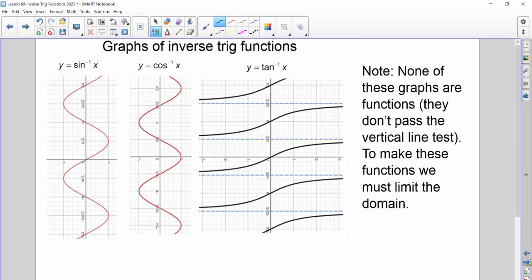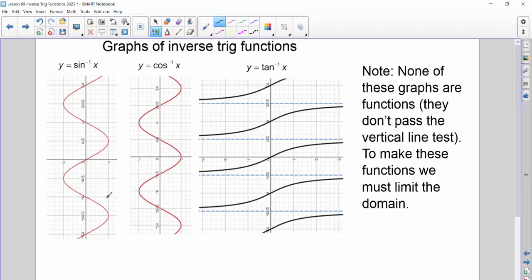So to go even further with this, we're going to look at the graphs of the inverse trig functions now. So instead of graphing x's and y's, we know that inverses switch the x's and y's. So if you'll notice on these axes, I now have angles going up and down and values going sideways. Once again, values sideways, angles up and down.